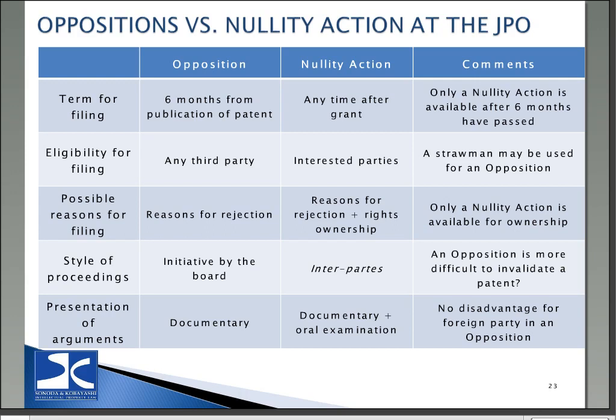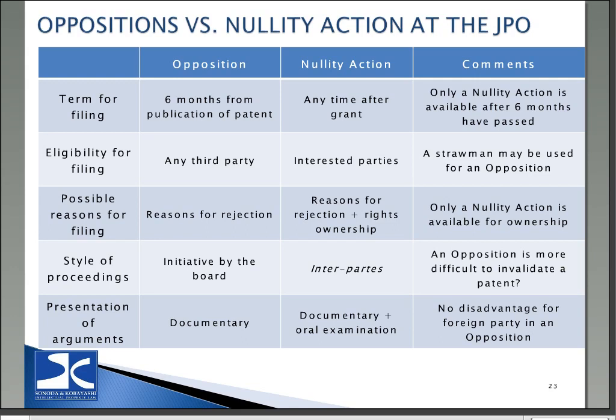And with regard to the proceedings, the opposition is one blow by the opponent, and the rest is left to the jurisdiction of the board. Whereas the nullity action is an inter partes proceeding, so the opposition is more difficult to invalidate, as the statistics tell.